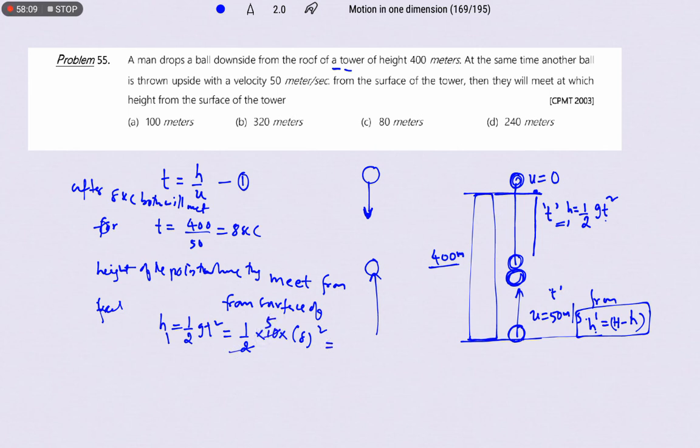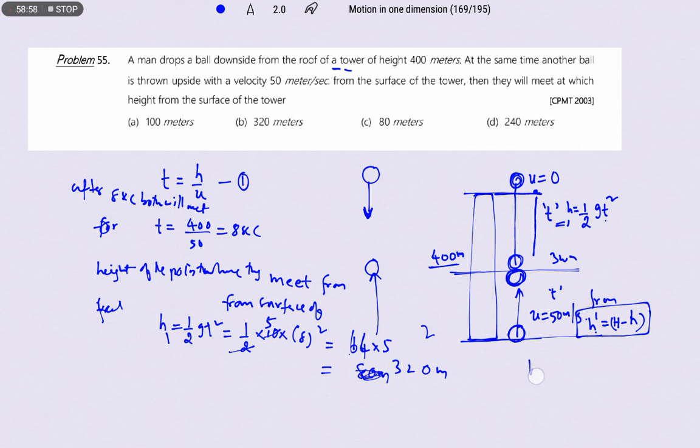So 5 into 64, which is 320 meters. From here they will meet at a height of 320 meters from the surface of the tower.